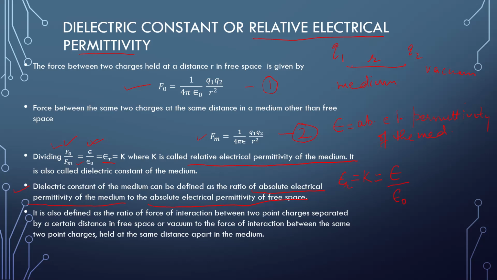And another definition is in terms of the forces. It is defined as the ratio of the force of interaction between two point charges separated by a certain distance in free space or vacuum, because F naught is the force between two charges at a certain distance in vacuum, to the force of interaction between the same two point charges held at the same distance apart in a particular medium.